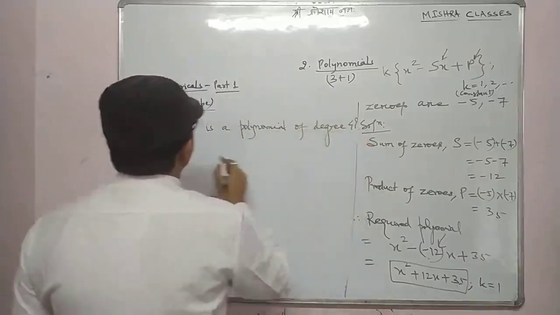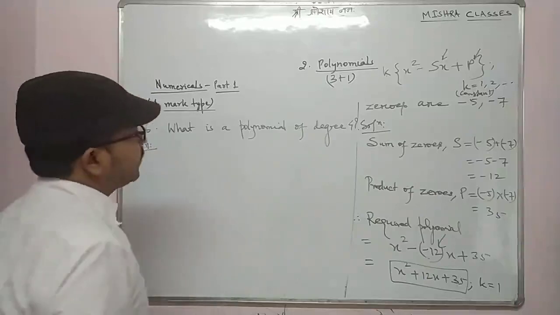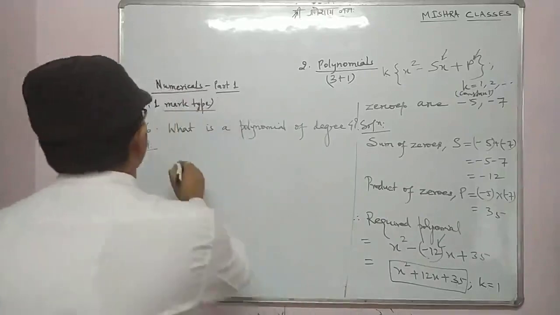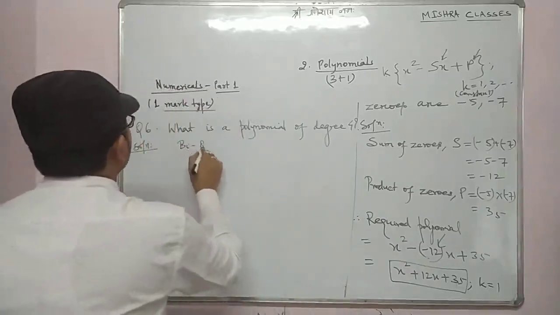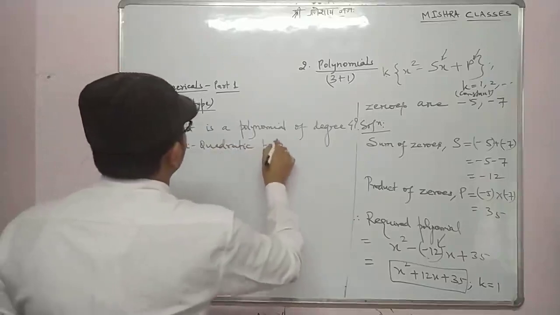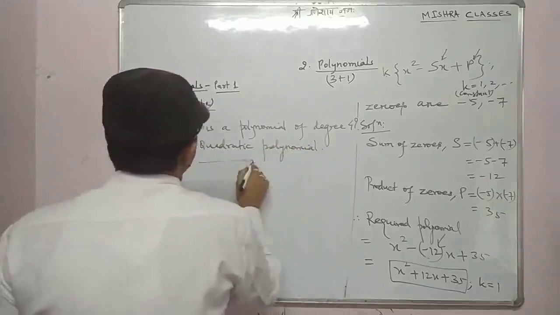Alright. Now what is the answer? A polynomial of degree 4 is what? Biquadratic polynomial. Yes or no? So what can we say? Biquadratic polynomial. Is it clear?